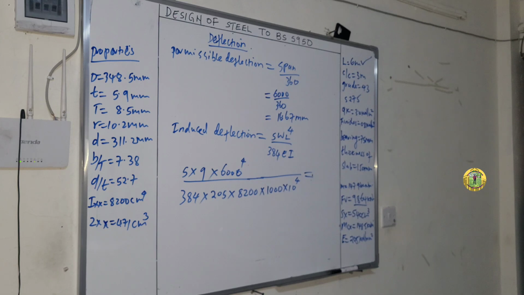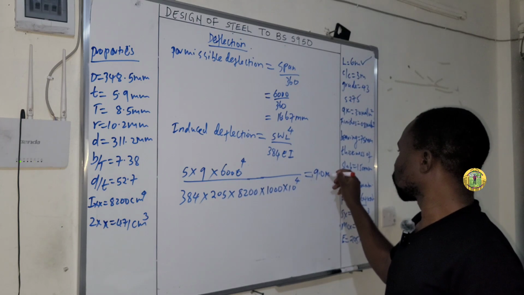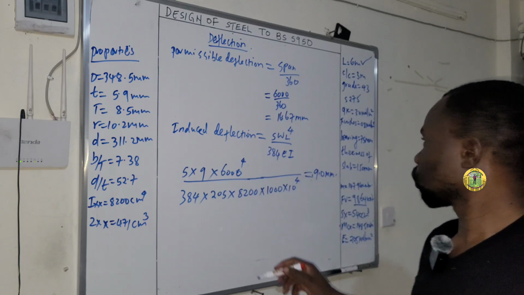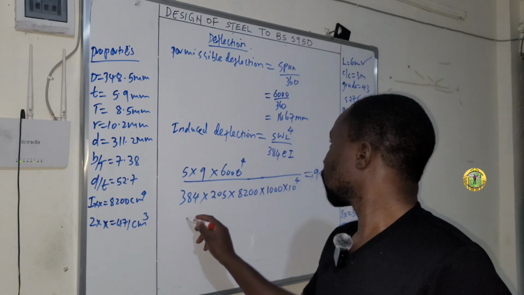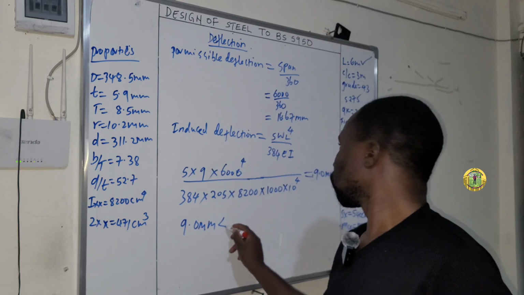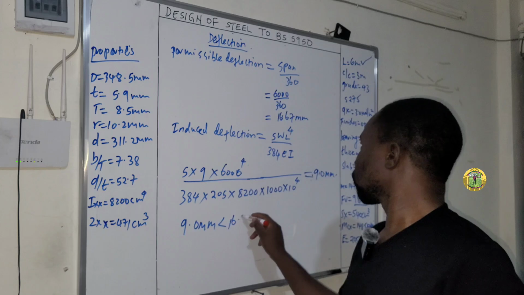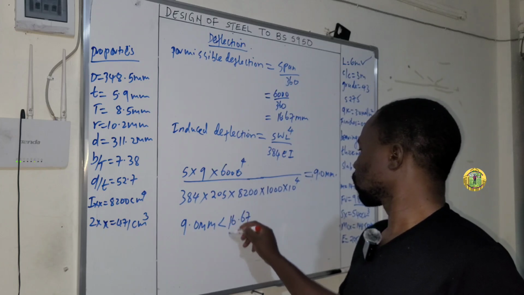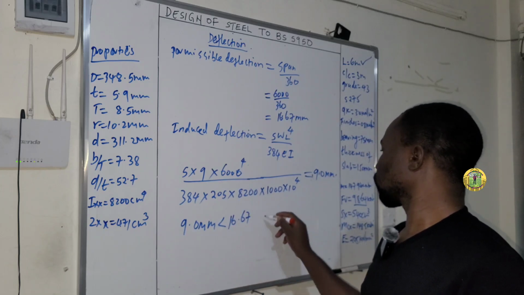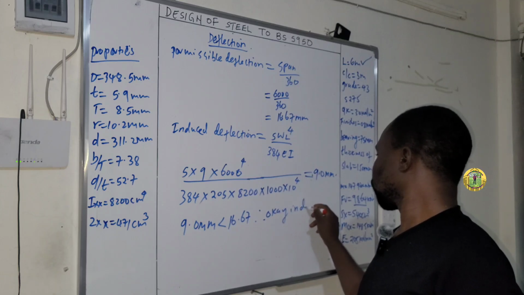So this is 9.0 millimeter. So you will say that 9.0 millimeter, which is the induced deflection, is less than 16.67, which is the permissible deflection. Therefore, okay in deflection like that.